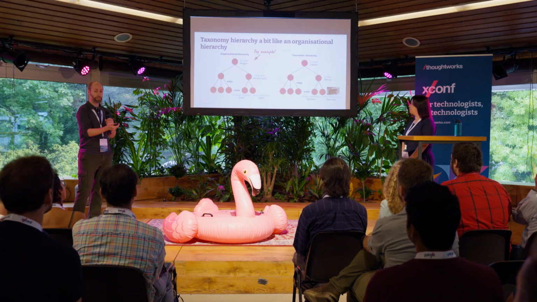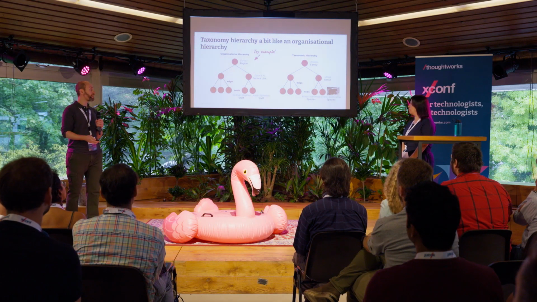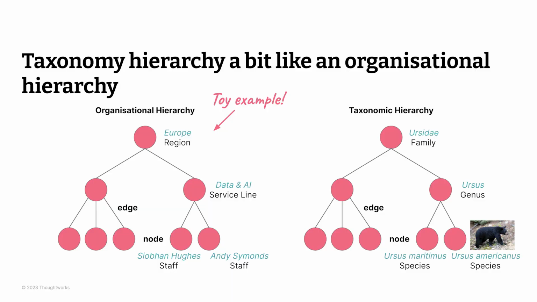An example would be an organizational hierarchy where you've got the regions, and if you focus in on the Europe region, there'll be maybe service lines within here, like the data and AI service line, of which you've got staff members like Andy and Siobhan.